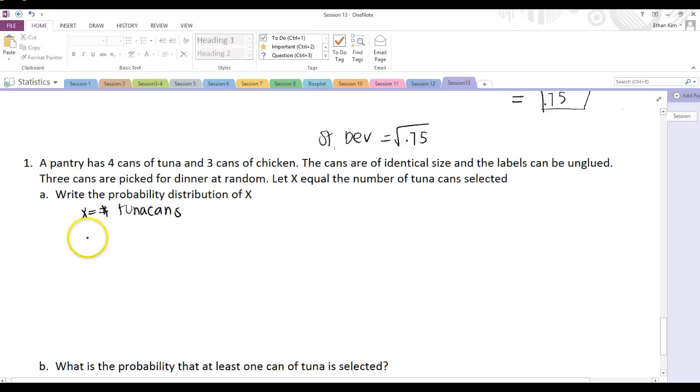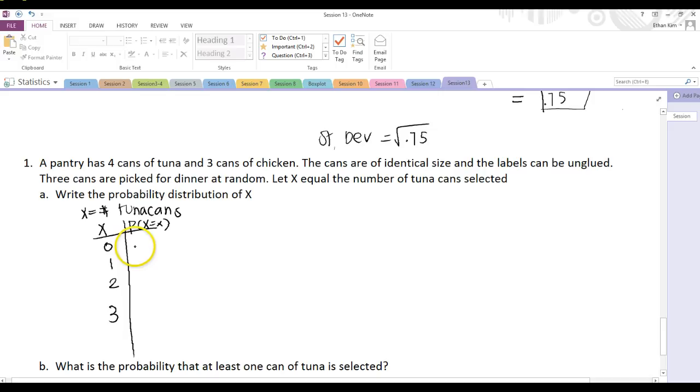So this is x, and let's say this is P(X = x), right? So it can be 0, 1, 2, 3. Oh yeah, 3, because the maximum number is 3 for this case. 3 cans are picked. So what's the probability of getting 0 cans of tuna?